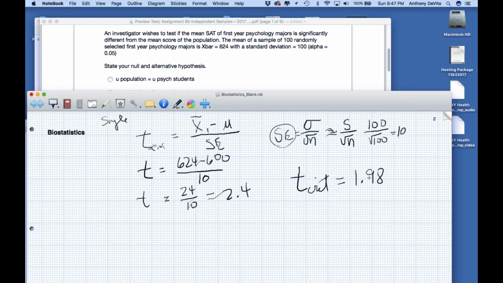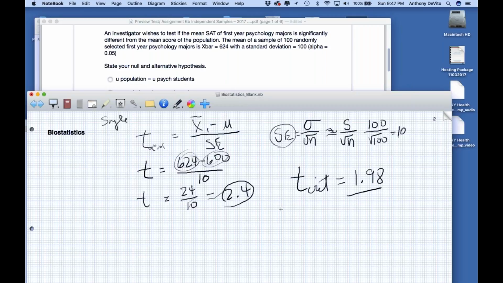Everybody agree with me on that? The t-critical is 1.98. So my t-score from these two numbers, 624 and 600, the x bar and the mu, winds up at 2.4. Can I reject my null hypothesis?